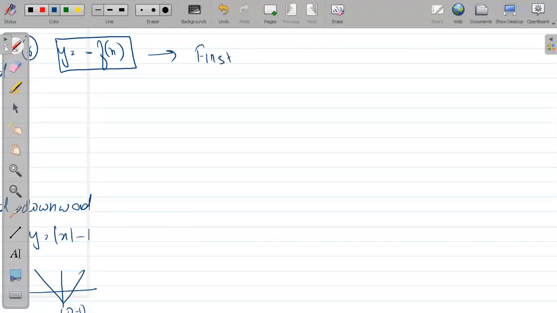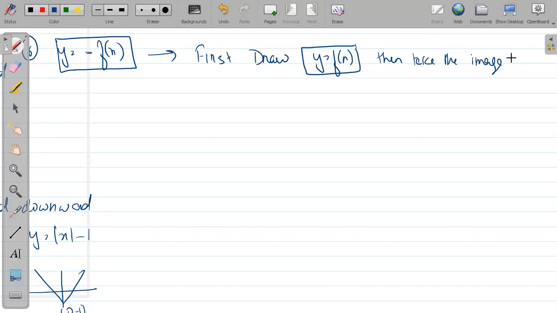First draw. It is also similar to point number 5 only. First draw y equal to f of x. Take the image of the complete graph. Then take the image of this graph about the x-axis.